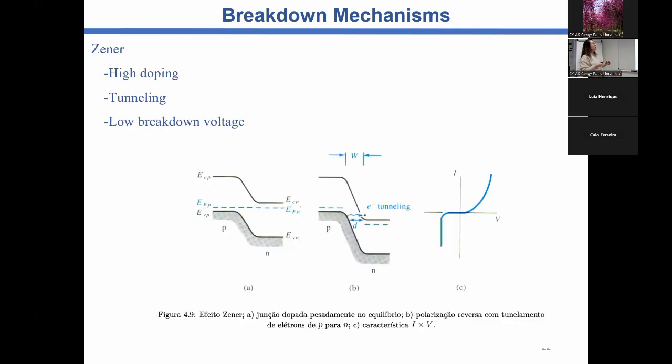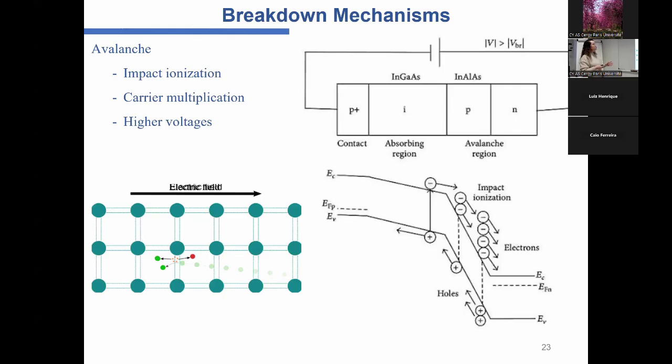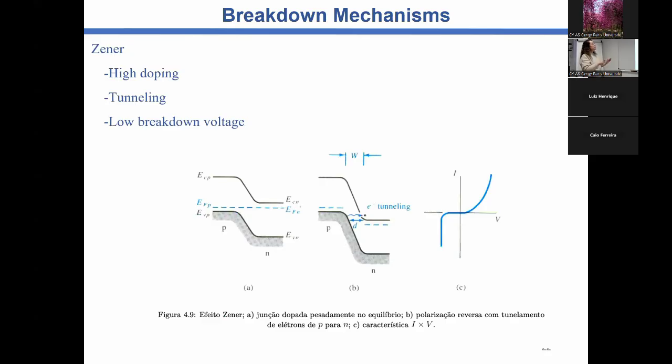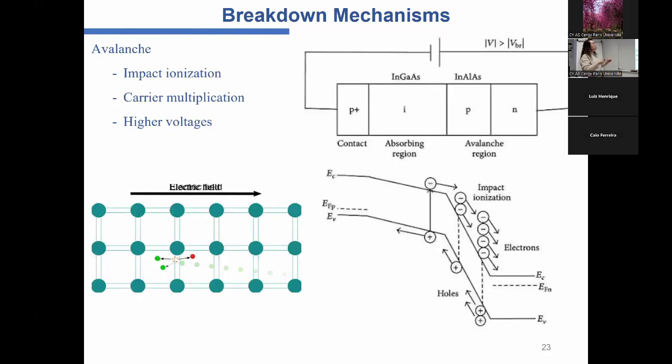But different from the Zener, it will only arise from higher voltage, because it needs higher energy, the energy necessary to ionize your material. So to distinguish these two kinds of breakdown mechanism: Zener has low breakdown voltage and avalanche has higher breakdown voltage.